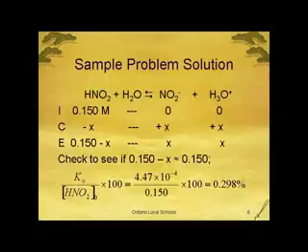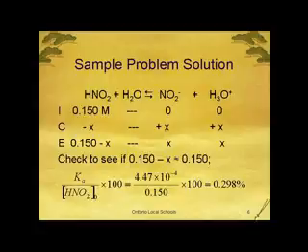So our initial concentration of HNO2 is 0.150 moles per liter. The water is in the reaction equation, but because it's a pure liquid, its concentration never changes, and therefore it's not a part of the equilibrium that we have to account for mathematically. Our initial NO2- and H3O+ are 0 and 0 respectively.